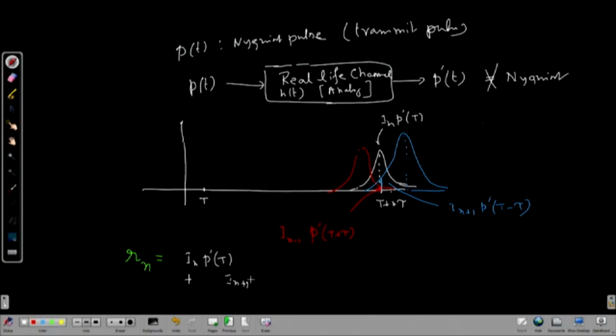Then I have one set of terms: I n plus 1 p prime t minus tau, then further to the right it will be I n plus 2 p prime t minus 2 tau. If you have another pulse here, from the center point I go 2 tau to the left to reach this point.